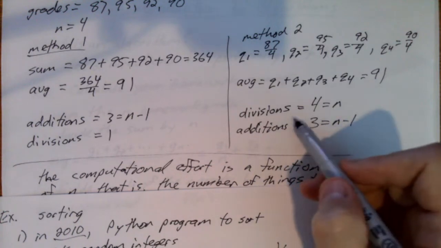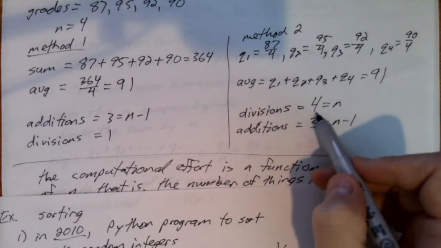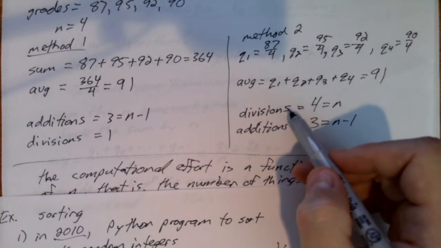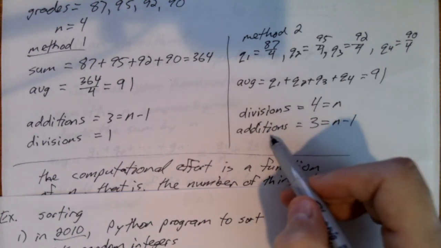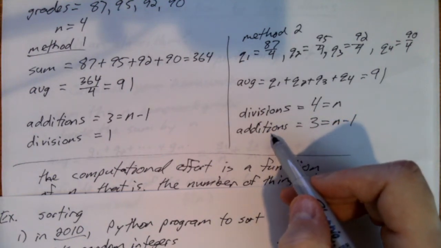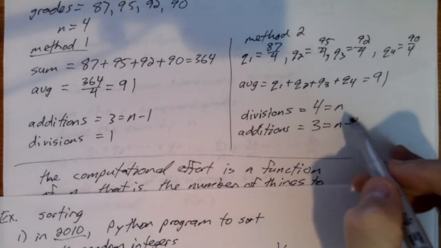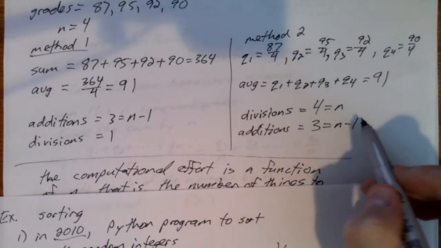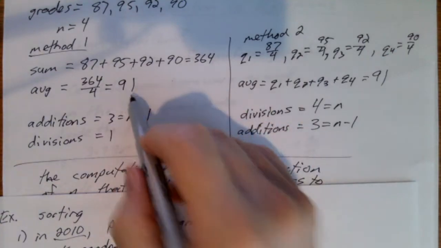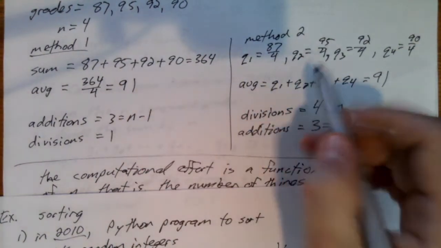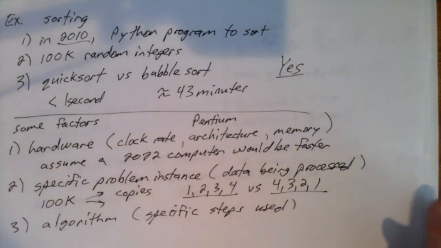But some of those steps, a lot of those steps actually, more than half are divisions, which I would argue that in general take more effort than additions. So if these were all additions and these were all additions, this would be worse. But because half of these are divisions, I think that makes it even worse than this. So this is arguably better than the other one. Okay?